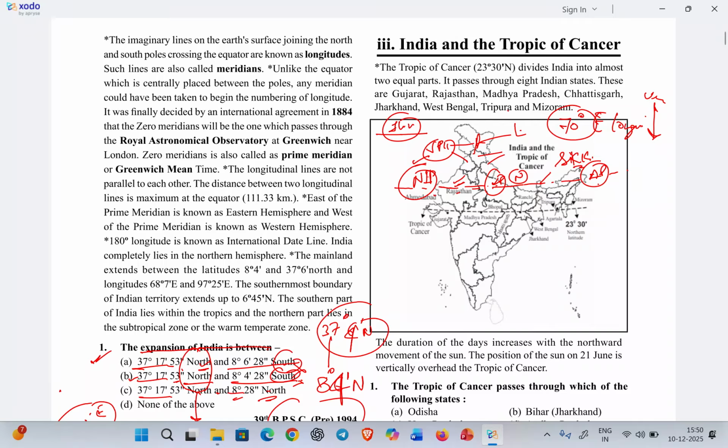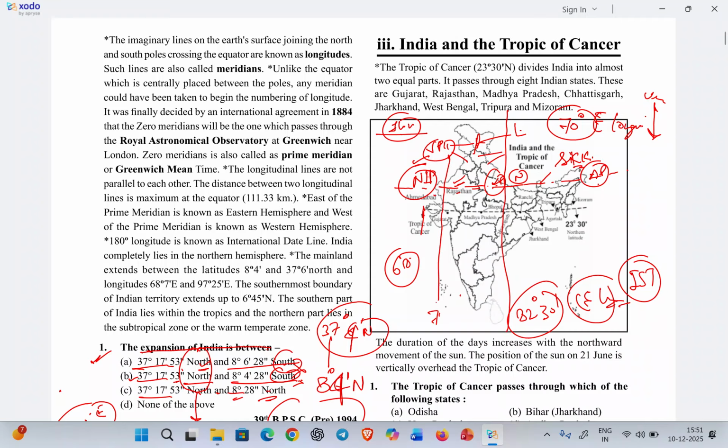Over here we have the 82 degree 30 minute eastern longitude. This is Indian Standard Time. Now we have to see where the 71 is. This is 68 around, so 70 would be around over here only, right?